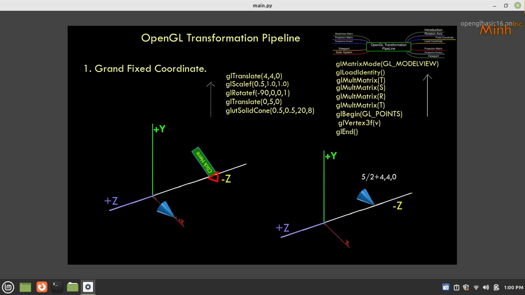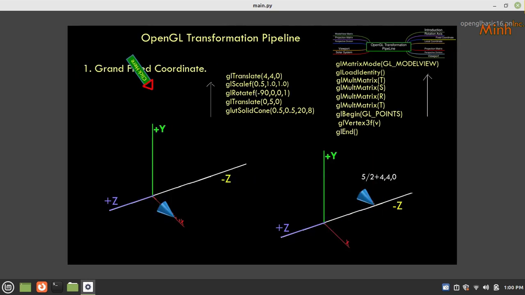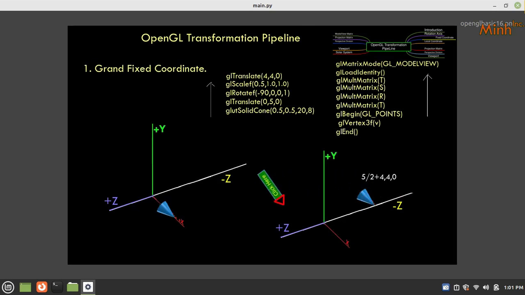Then it is scaled. We can see that the scaling is not uniform: 0.5 along the x-axis, and 1 and 1 along y and z, so there is no scaling along y and z. Scaling happens only in the x direction. For the position of this model along the axis, since we are scaling by half, the size becomes half and this distance also becomes half.